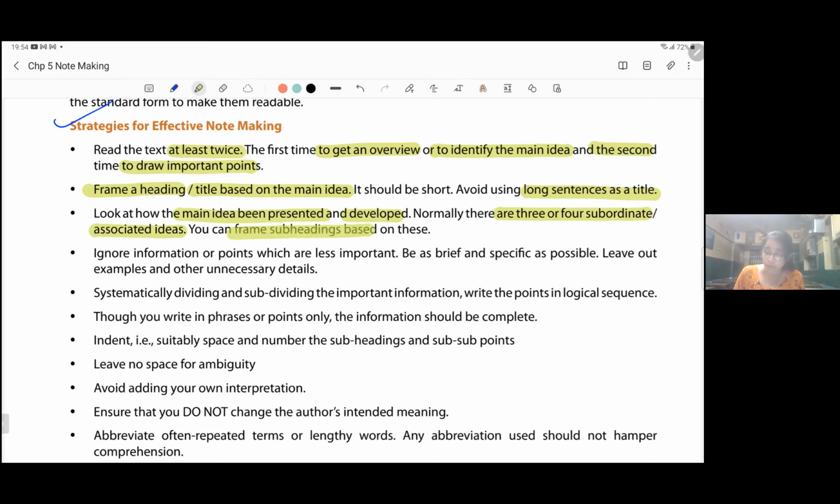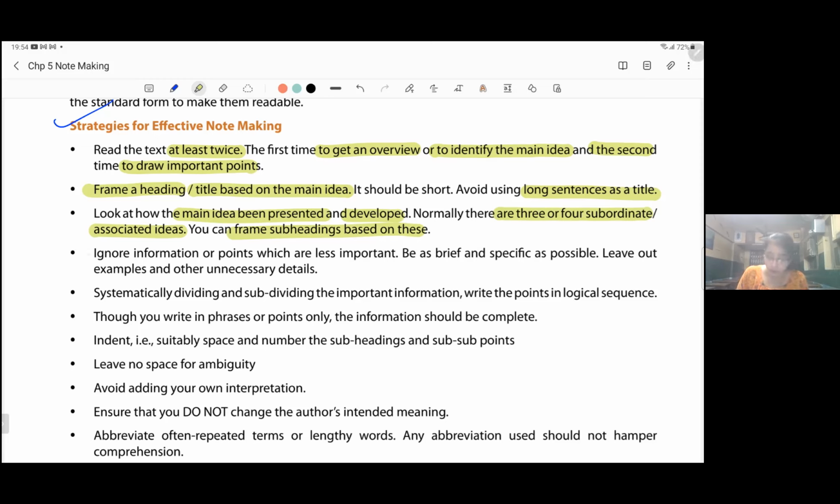Frame the subheadings based on these. Non-linear you have already done. When you do linear note making, heading, subheading, sub-subheading, all these things will come. So it is very important not to make long sentences. There should be short titles and short headings that you frame out there.